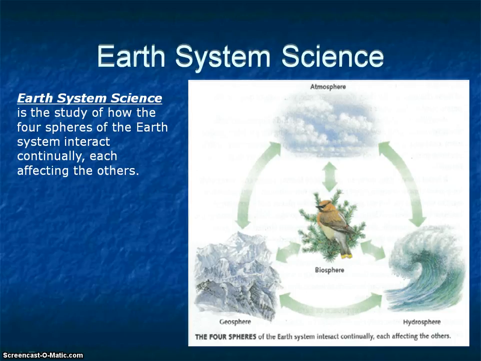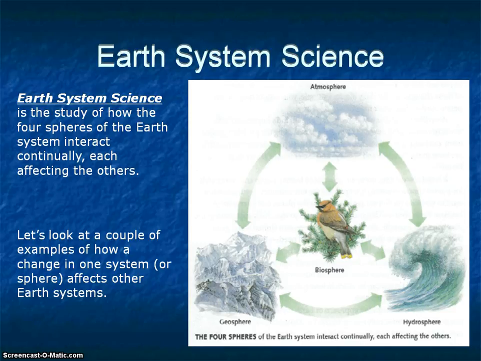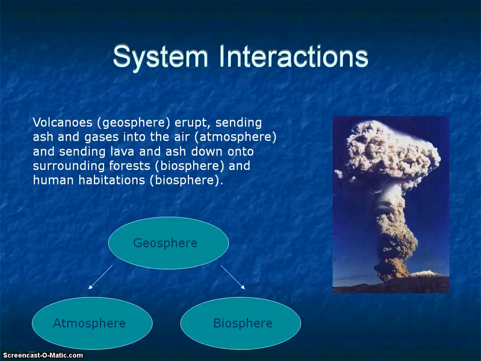Now, this study of the Earth system, it's a fairly new science. But the study of it is actually looking at how these major systems interact with each other. Some examples of system interactions with the geosphere: you're looking at volcanism.